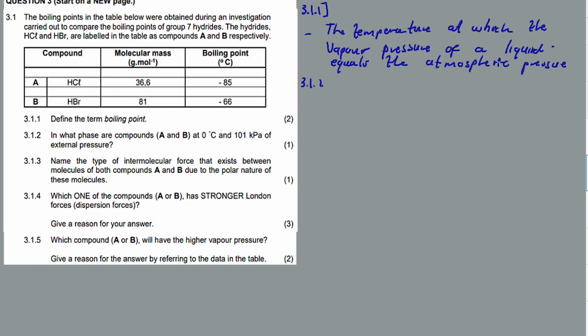Alright, check the temperature. The temperature is 0 degrees Celsius, and the boiling points are negative 66 and negative 85 for compounds A and B. So it means that the temperature at STP in these given conditions is higher than the boiling point.